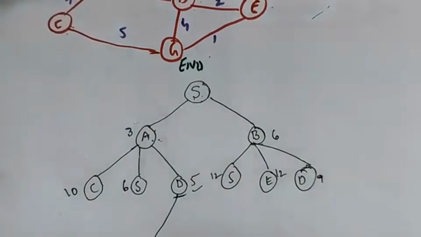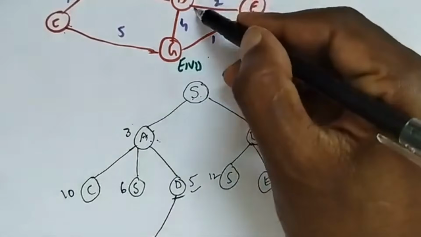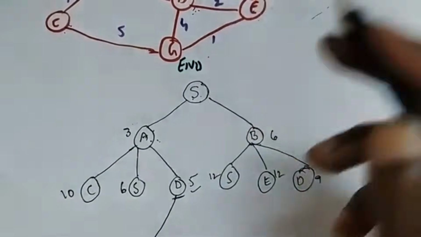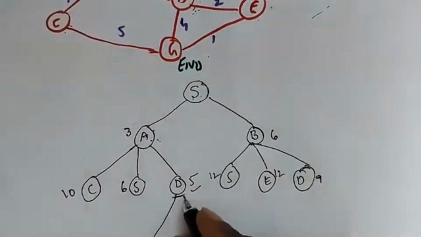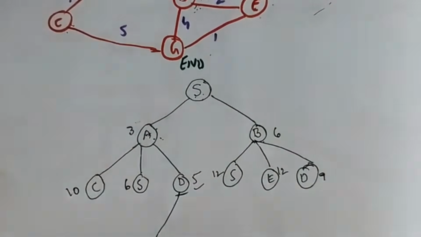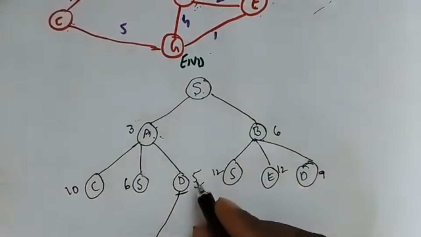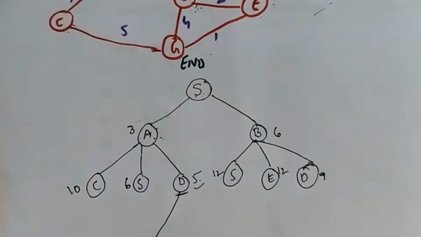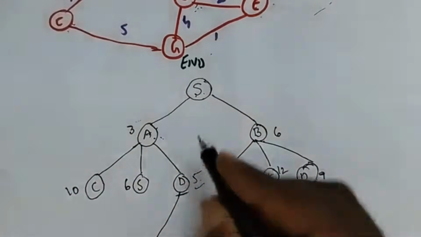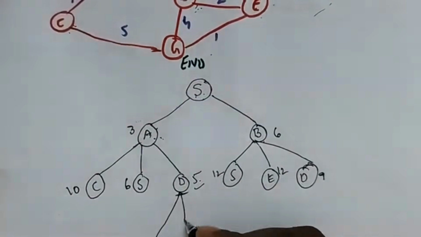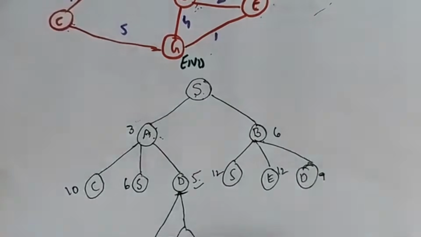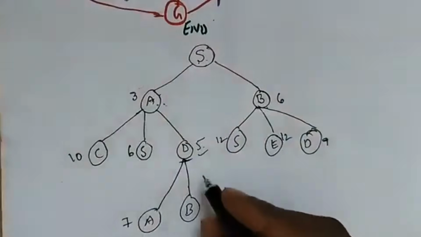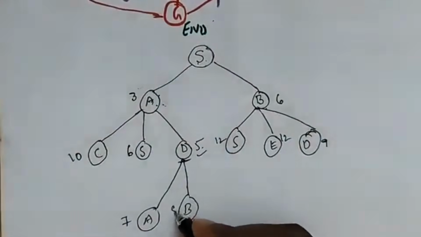Okay, so if you expand D, what are the possibilities? D2A, D2G, D2E, D2B. So if you travel D2A, what is the cost? Up to here 5, and D2A again 2, so it is 7. If you travel D2B, D2B is 3, so 5 plus 3 is 8.